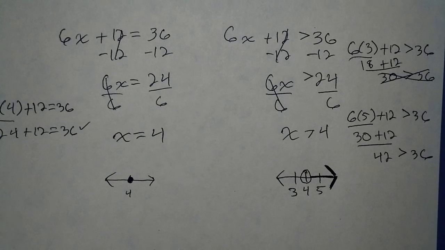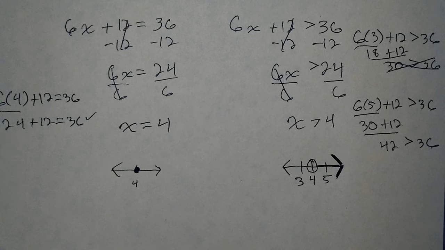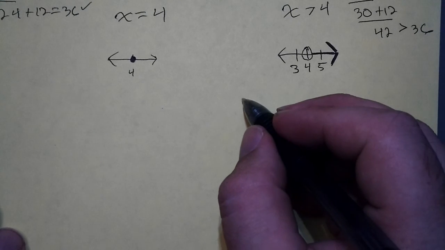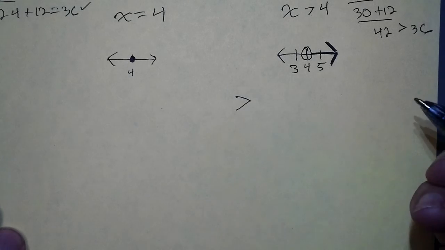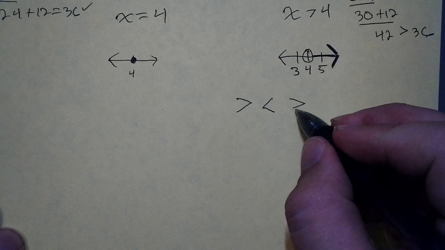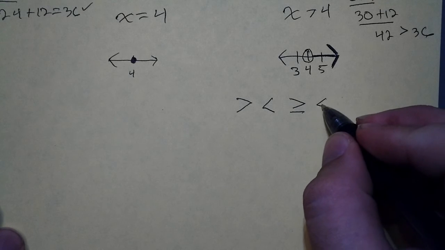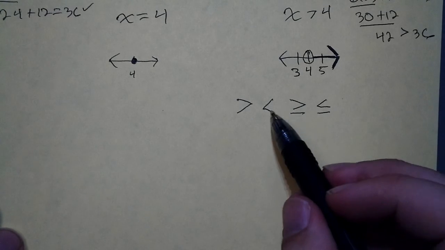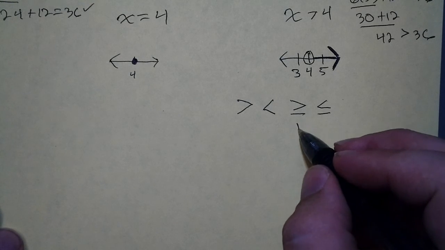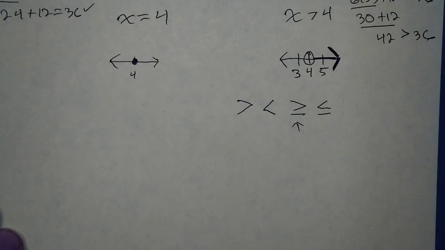So let's do a quick refresher on the inequality symbols and what they mean. So we have greater than, we have less than, we have greater than or equal to, and we have less than or equal to. Now all of these mean multiple solutions. The big difference is if it has this "or equal to," it could include that number.